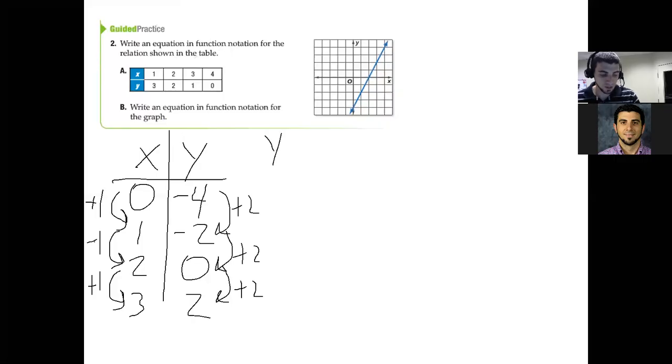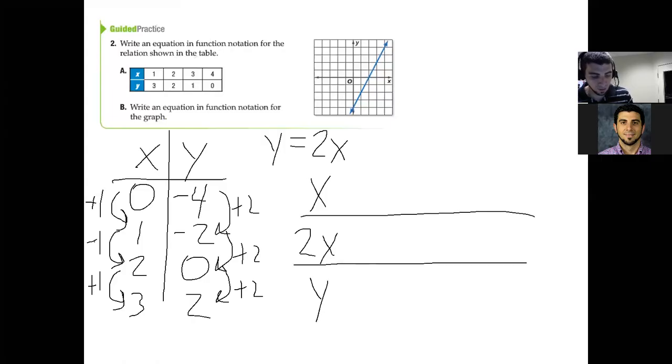So that suggests that the function has something to do with y equals 2x, because 2 over 1 would be 2, and that's the constant of proportionality if it was proportional. But notice it doesn't go through the origin, so I know I have to add or subtract something. So let me make a new table of values with x, 2x, and the actual y value. Once we start doing this, we can see a pattern.